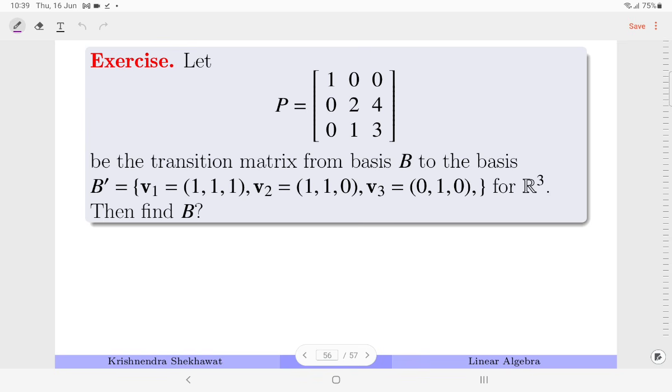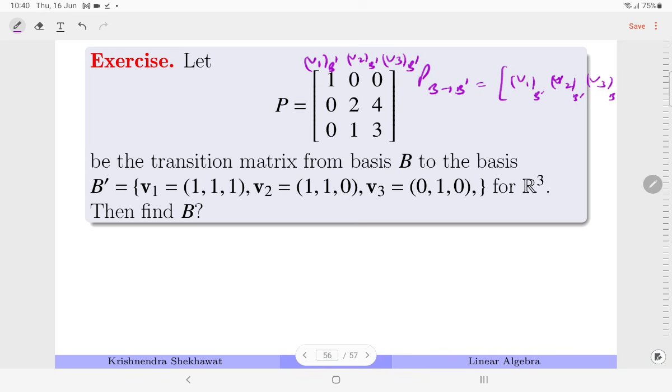So this is the last question, which says: let P be the transition matrix from B to B dash. So P is from B to B dash. If you recall, for B to B dash, you have V1 B dash, V2 B dash and V3 B dash. The first column is V1 B dash, then V2 B dash, V3 B dash.